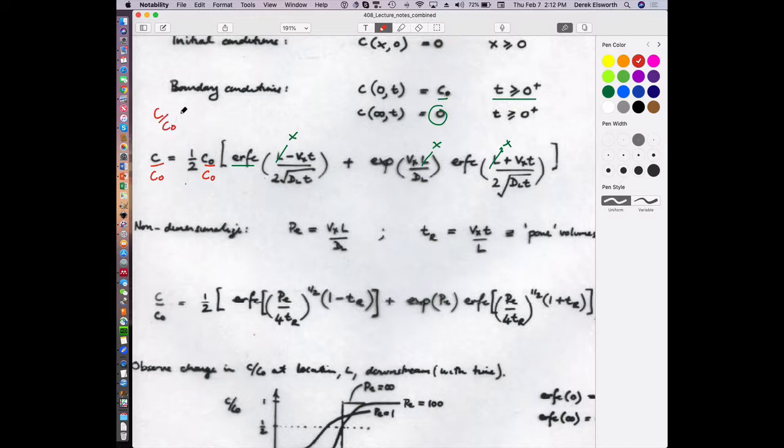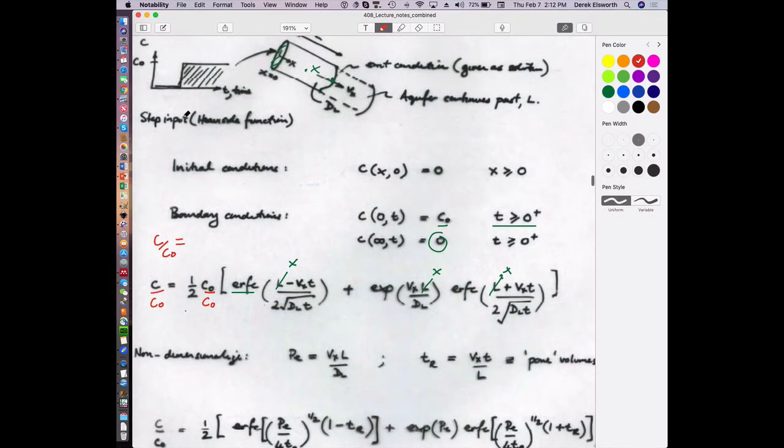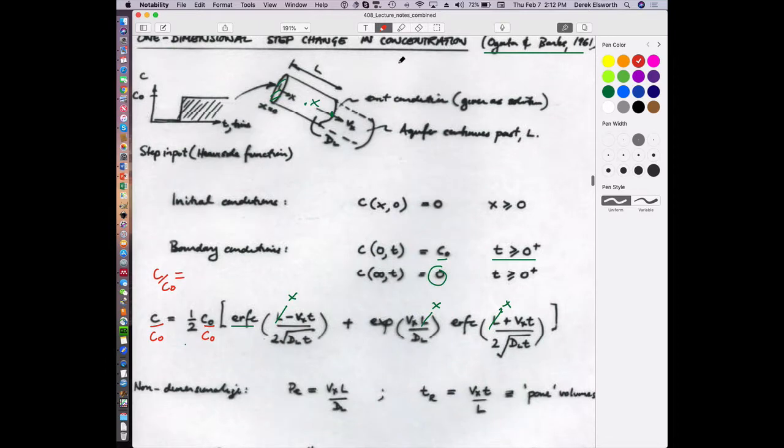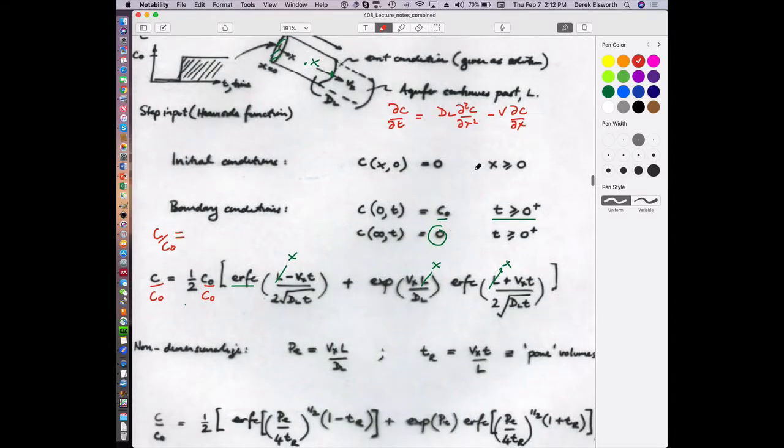We could take the change in concentration with time is equal to dispersion times d2c/dx squared minus advective velocity times dc/dx. This is wonderful. If we solve this, we get this relationship here.